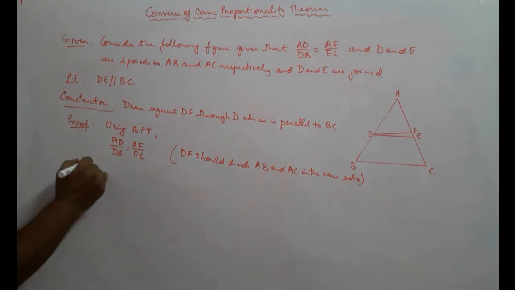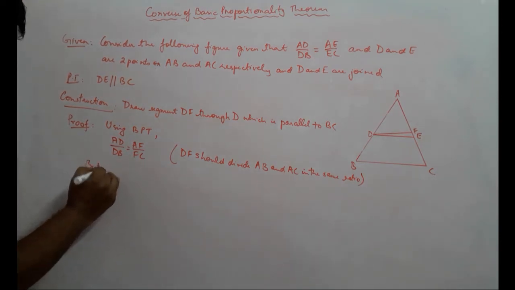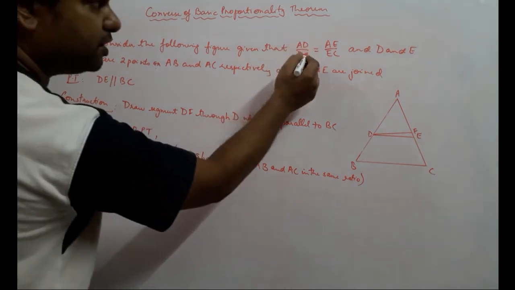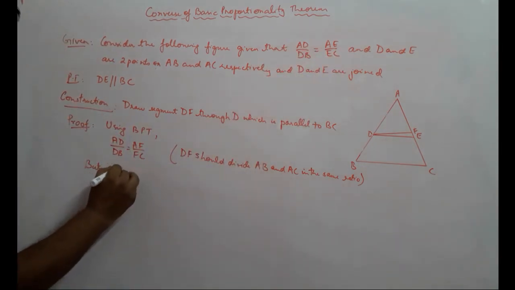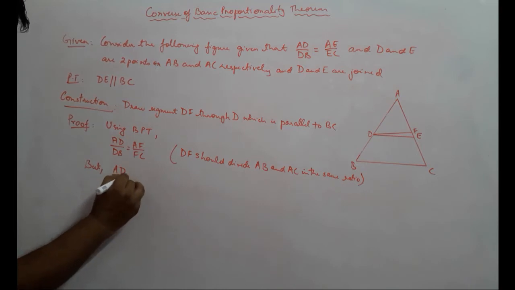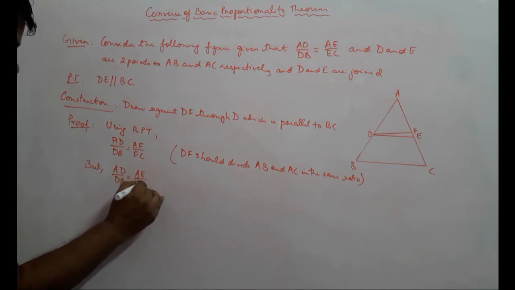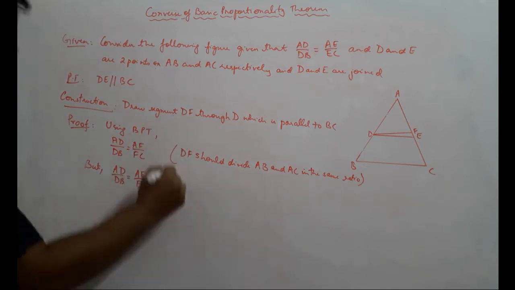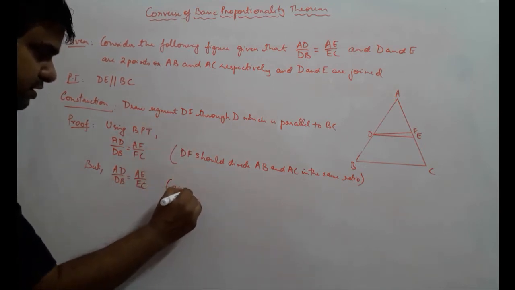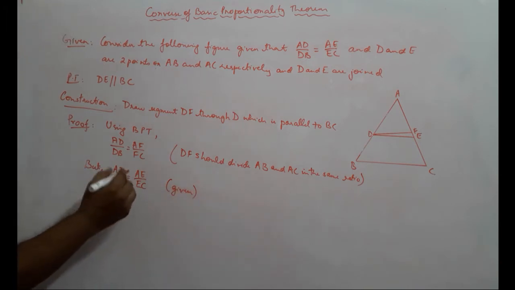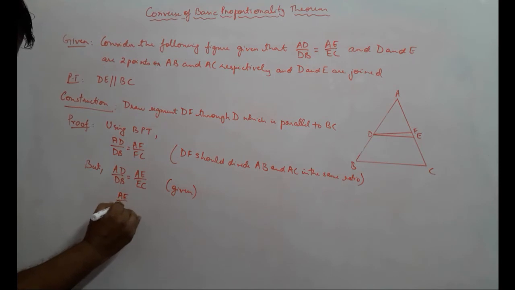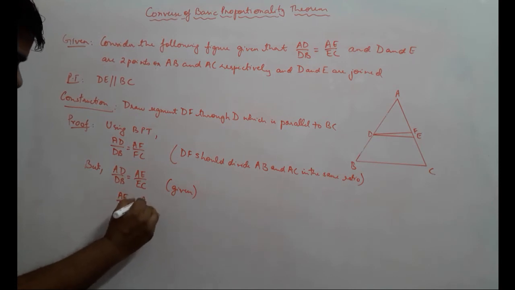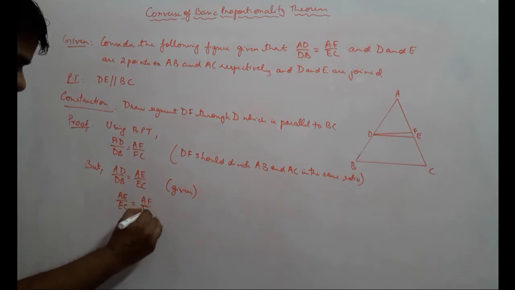But we are already given AD upon DB is equal to AE upon EC, and we'll write over here it is given. So that means AE upon EC is equal to AF upon FC.